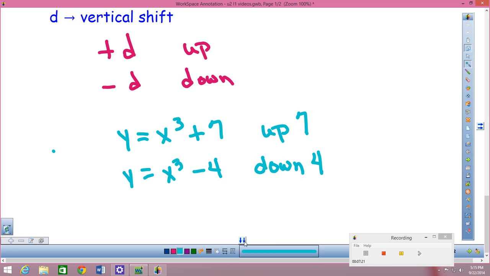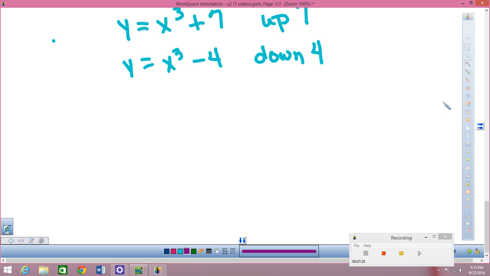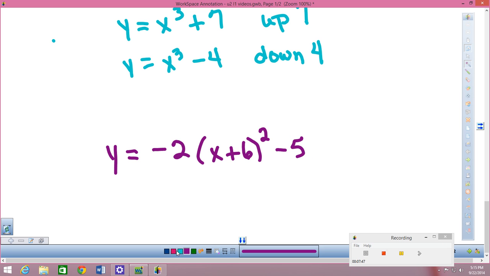Okay, let's do an example where we put them all together. And we'll just go with the quadratic. Okay, so here we've got y equals negative 2 times x plus 6 in parentheses squared minus 5. This negative 2 has actually caused 2 transformations.